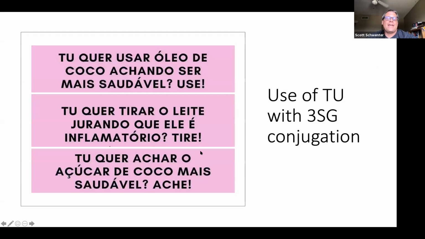So here are just some examples. I found this online. This is the use of tu with the third singular conjugation. So this says, you want to use coconut oil, thinking that that's going to be healthier? Go ahead and use it.